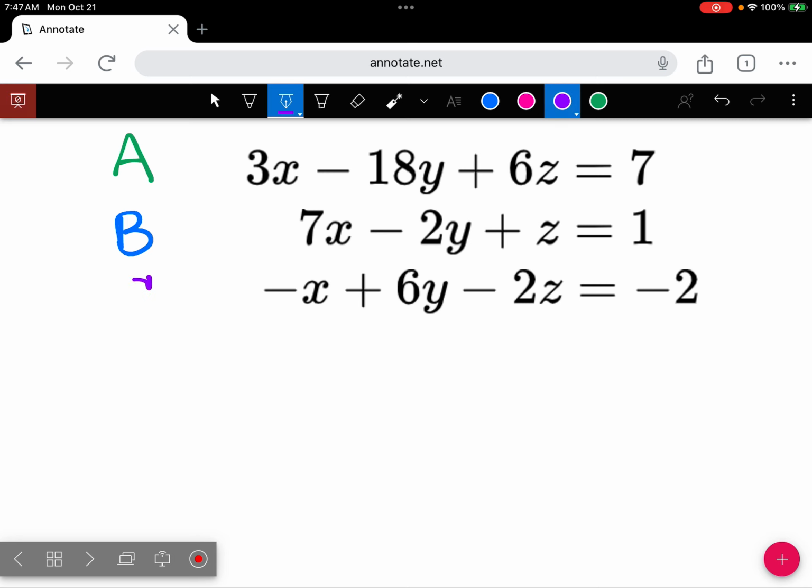All right, so here's our three equations. I'm going to call A my 3x minus 18y plus 6z equals 7. I'm going to have B be my 7x minus 2y plus z equals 1. I'm going to have C be minus x plus 6y minus 2z equals negative 2.